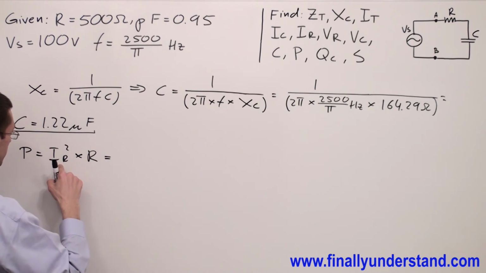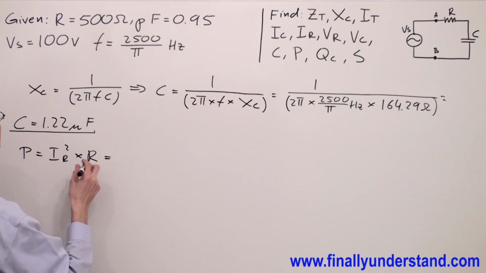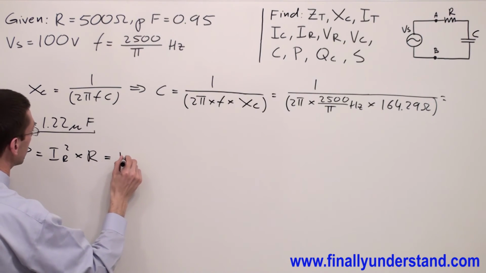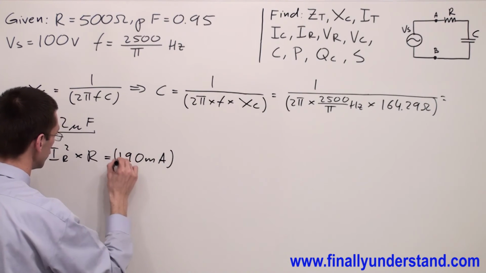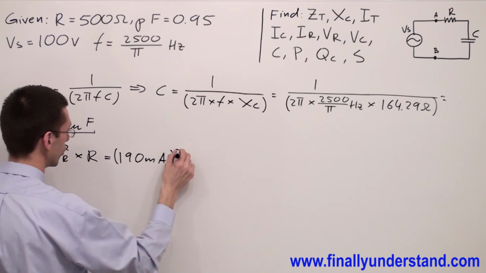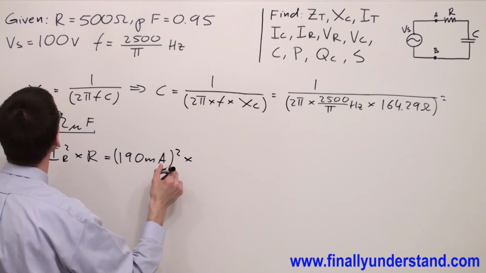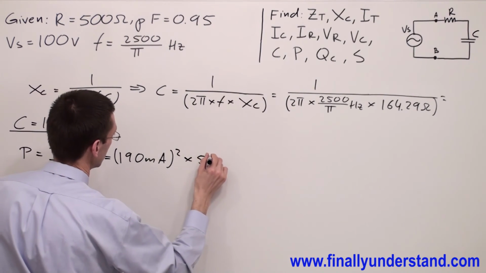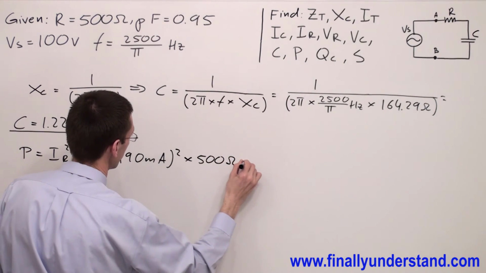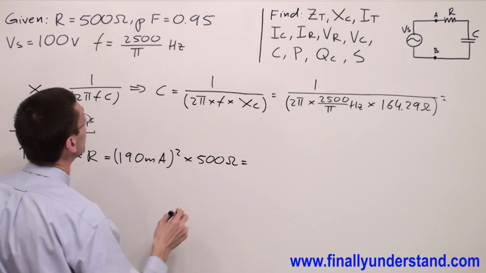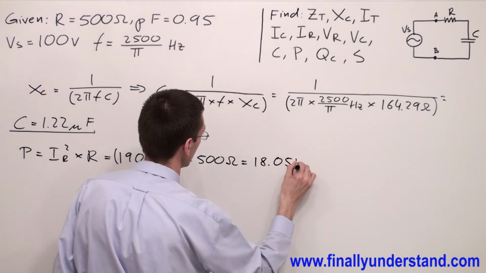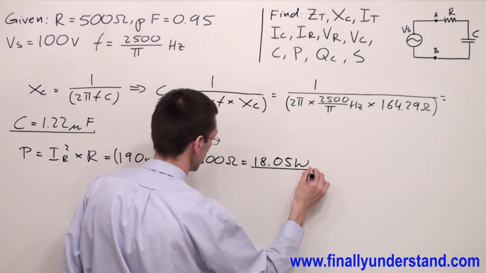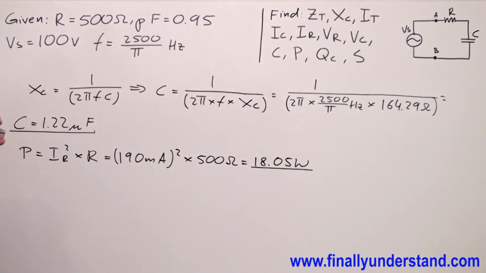And I have IR, which is equal 190 milliamps. Okay, I'm not going to use angle this time. Square times resistance, which is equal 500 ohms. And this is equal 18.05 watts. This is the true power in my circuit.